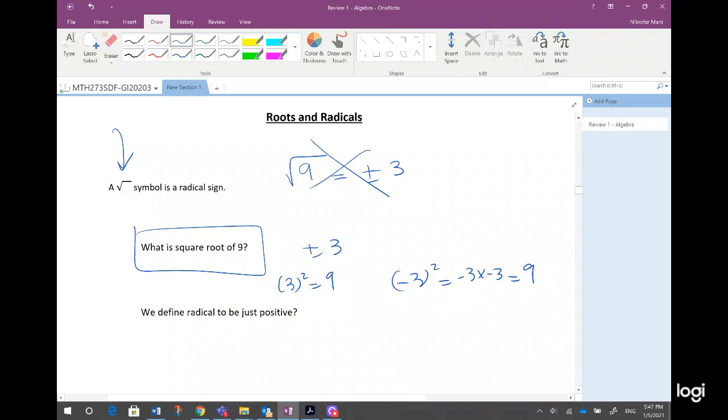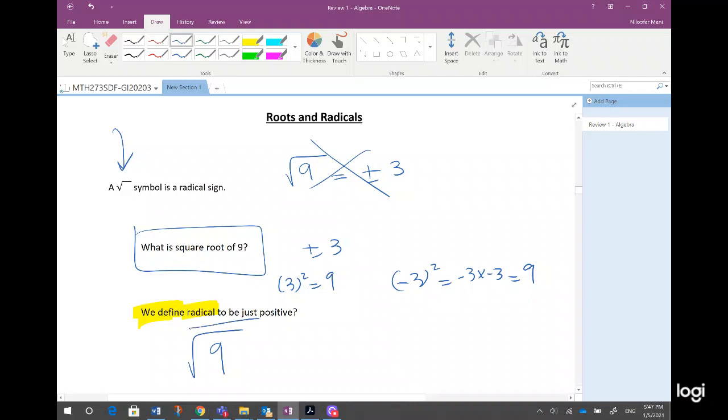But if I say radical 9, I am showing this symbol. We define the radical, that's a definition, to be positive.